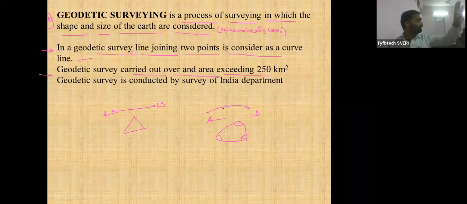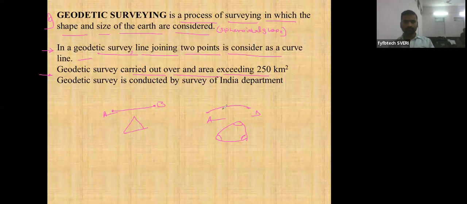In geodetic surveying, the triangle is a spherical triangle. In plane surveying, the angles are plane angles. In geodetic surveying, the angles are spherical angles. Are you getting all of it? Yes, sir.